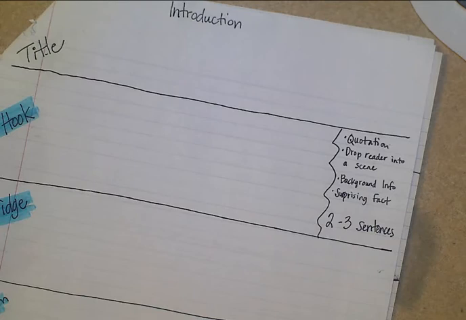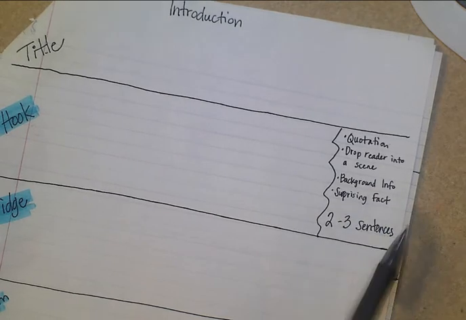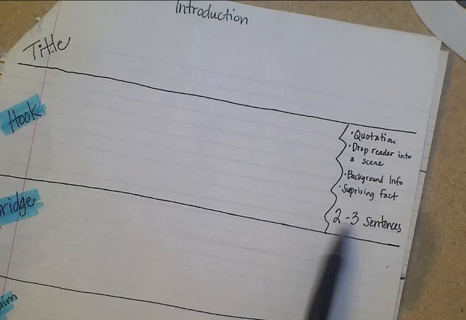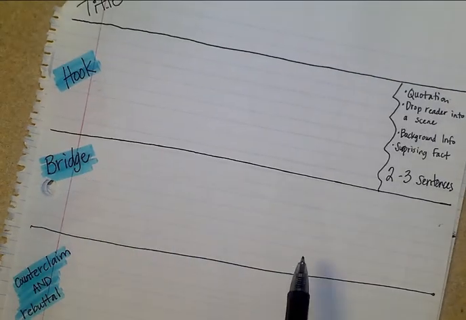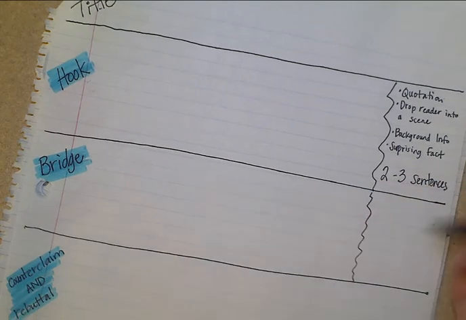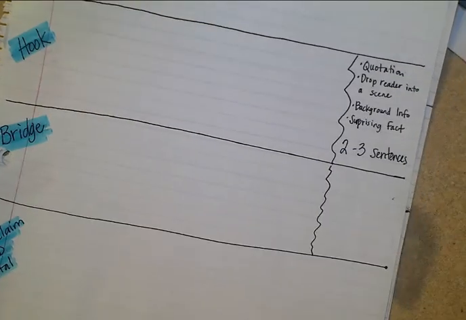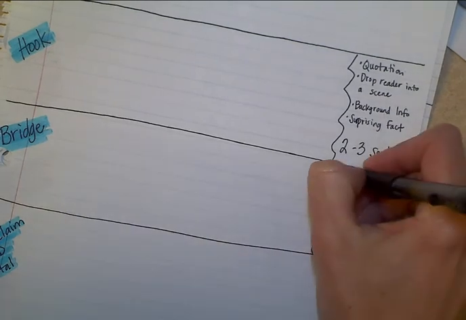The next section is going to be your bridge. Again, I'm going to make a note out to the side so you know what you need for the bridge. The bridge is always going to be background information. So if you are writing about the Indian Removal Act, you can give background information on the Indian Removal Act.